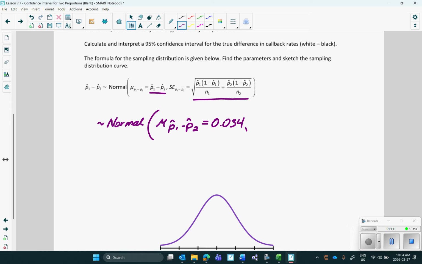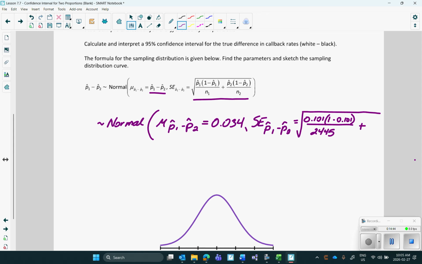The standard error of the difference between the two sample proportions: in the first group, the sample proportion was 0.101 times 1 minus 0.101, divided by the sample size of 2445.